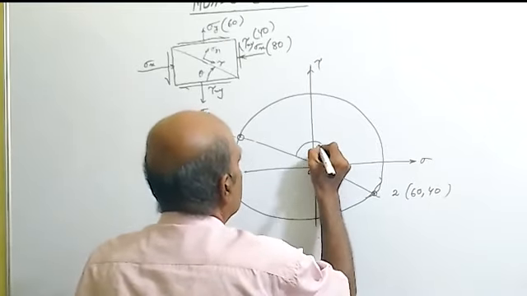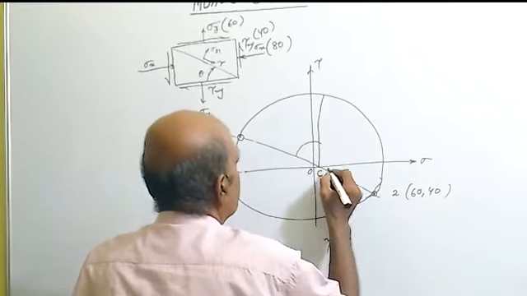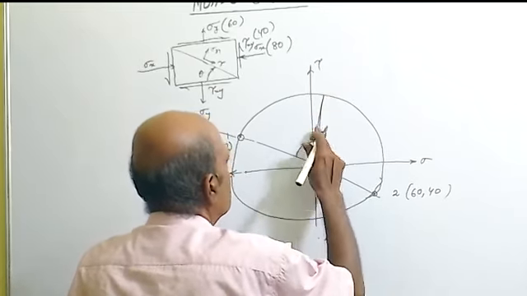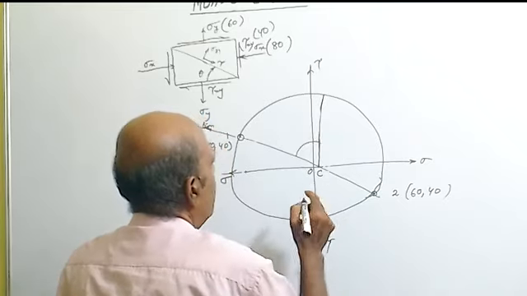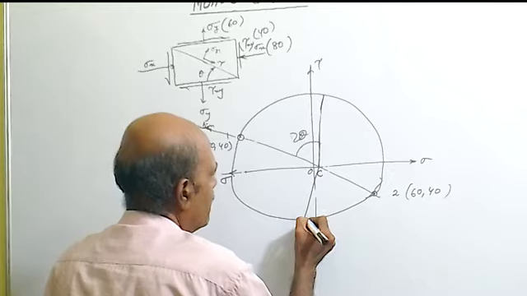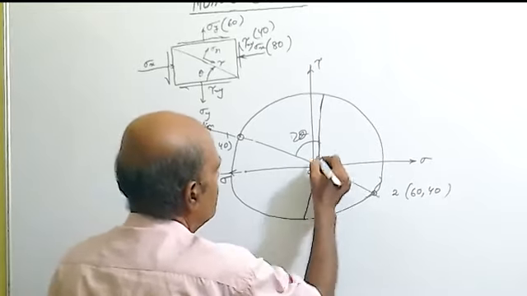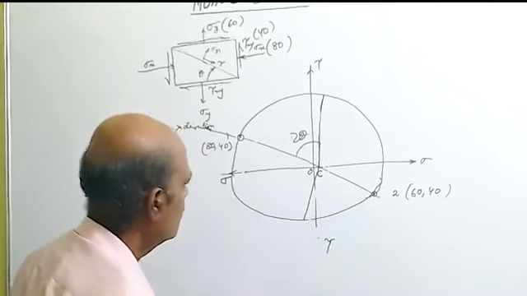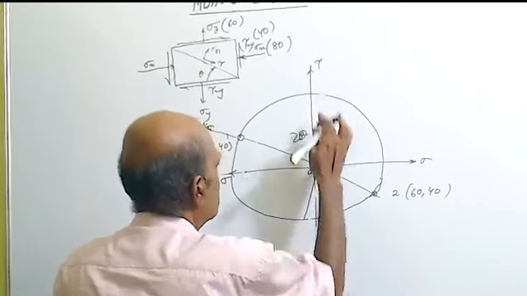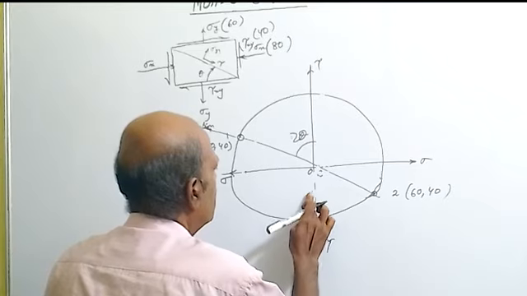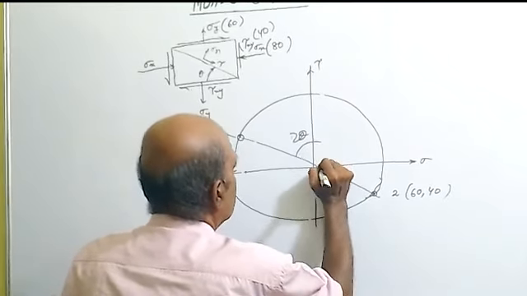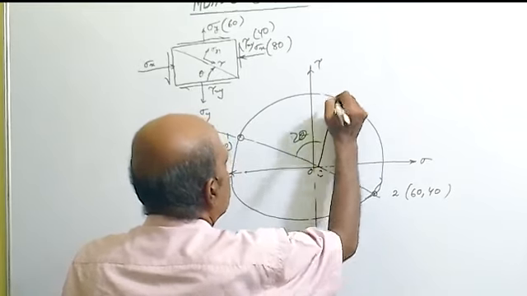So this becomes 2 theta angle. So extend this line so that it will come somewhere here. Just clearly show it, and take some inclination so that it will be easy.